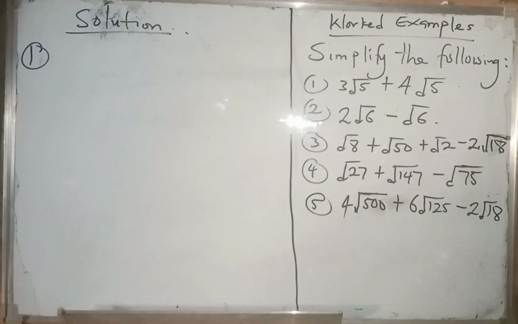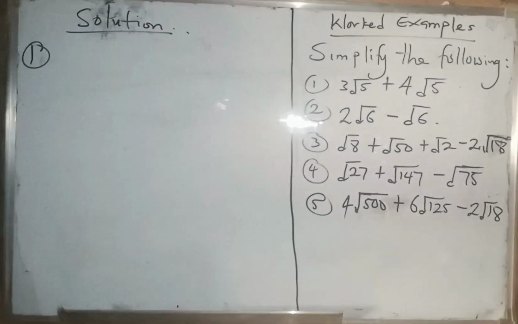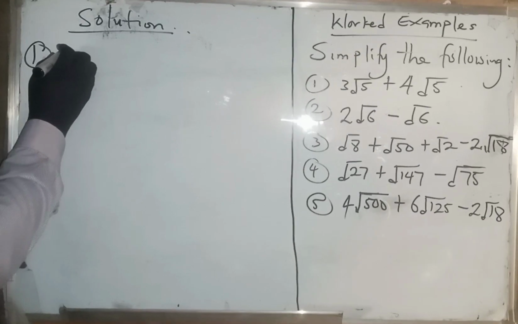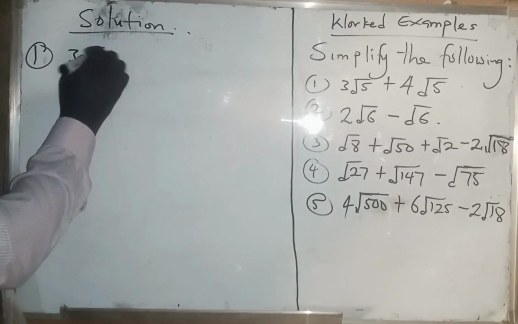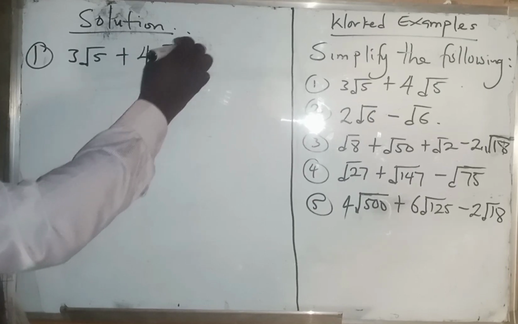In the worked examples, we are asked to simplify the following. There are 5 questions, so we'll pick them one after the other. The first one, you have 3 root 5 plus 4 root 5.